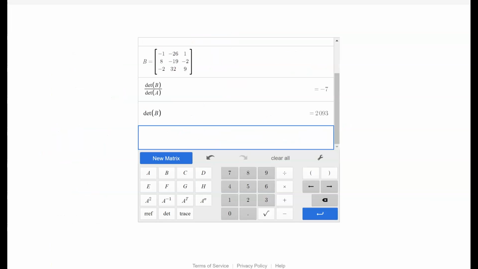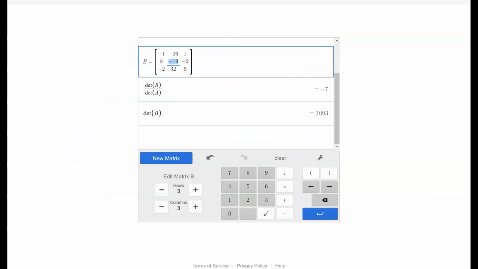All right, last but not least, let's come back over here. Let's go ahead and change B. We're going to change this column back to 4, 3, and negative 1. And let's go ahead and change this back up to negative 26, negative 19, and lastly 32.